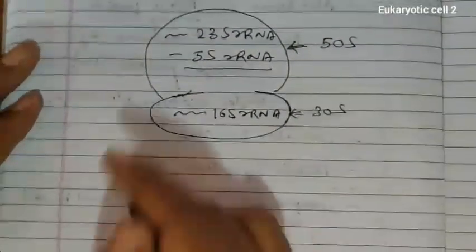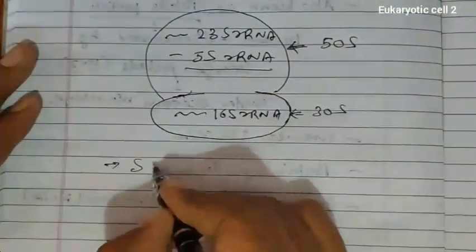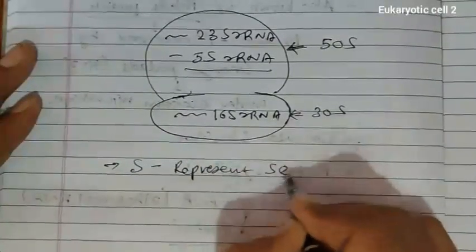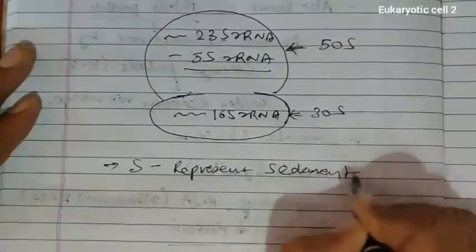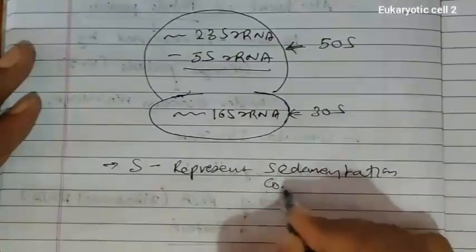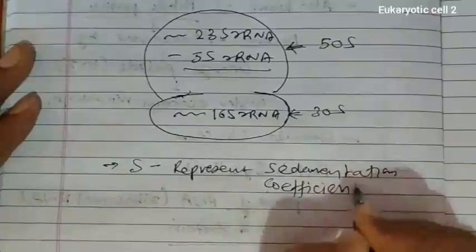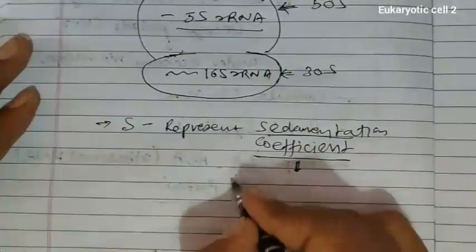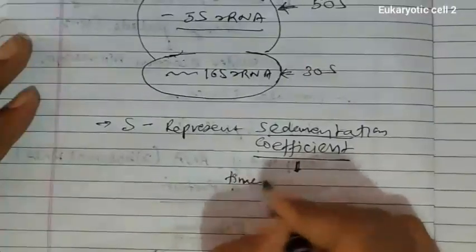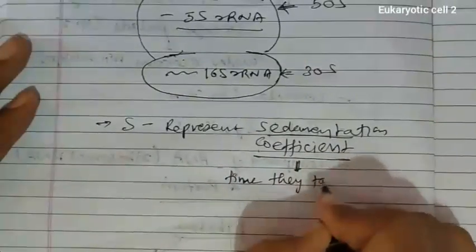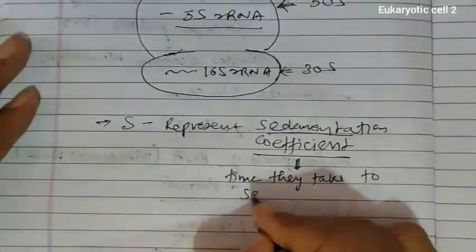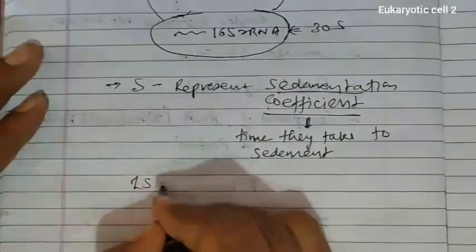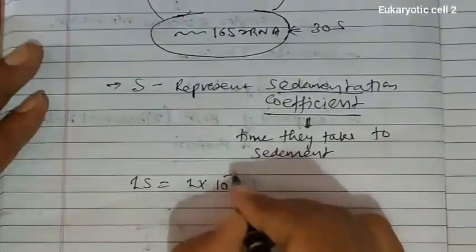Now here S represents the sedimentation coefficient. Sedimentation coefficient describes the time they take to sediment, and 1S is equal to 1 into 10 raised to minus 13 second.